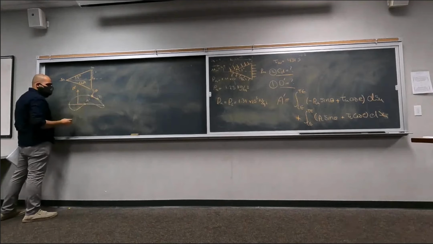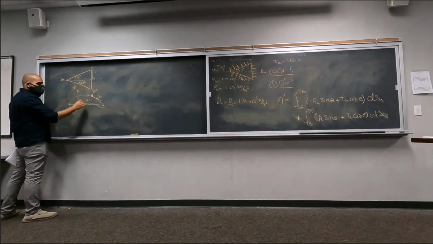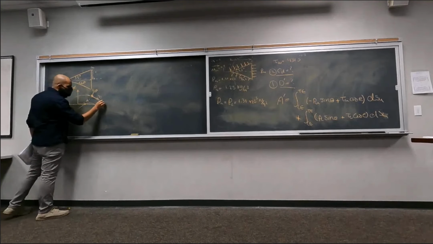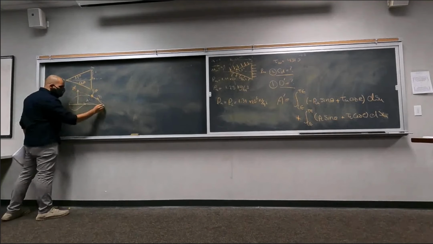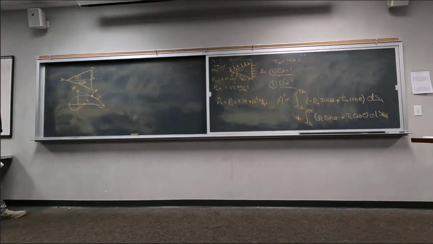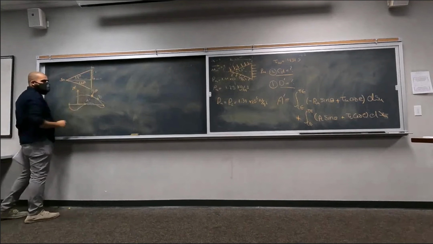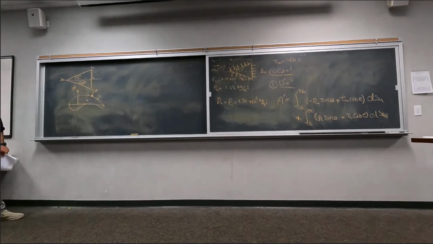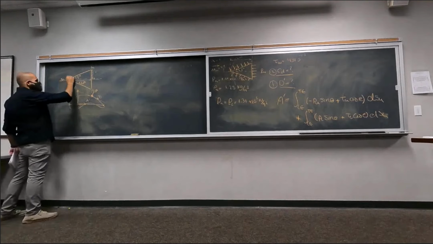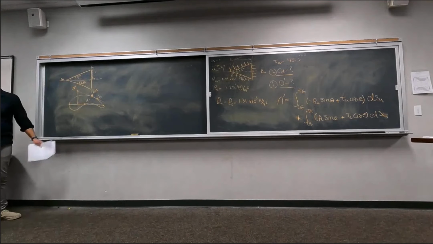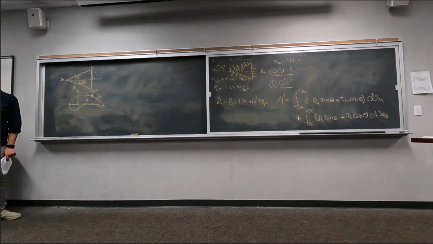Tau is tangential to the surface. Theta is going to be the angle this surface makes with your chord. So what is the angle this surface makes with the chord? 90 degrees. What is the angle this surface makes with the chord? 5 degrees throughout. Does this make sense or not?